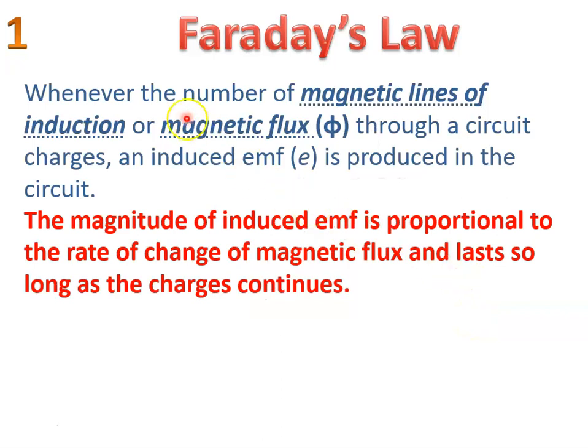Whenever the number of magnetic lines of induction or magnetic flux phi through a circuit changes, an induced EMF E is produced in the circuit. The magnitude of the induced EMF is proportional to the rate of change of flux, and it lasts as long as the changes continue.